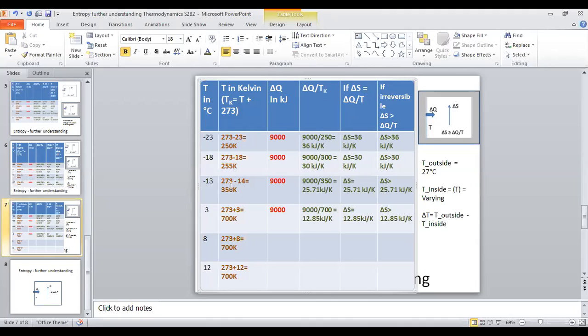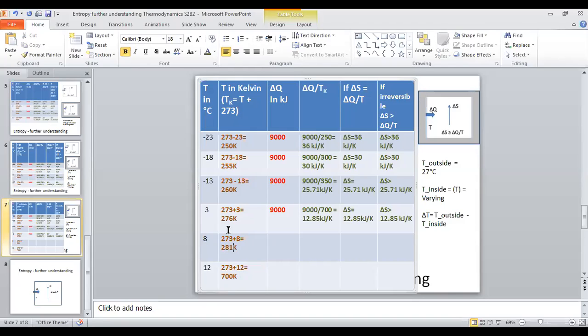273 minus 13 is 260. 273 plus 3 is 276. 273 plus 8, 281.